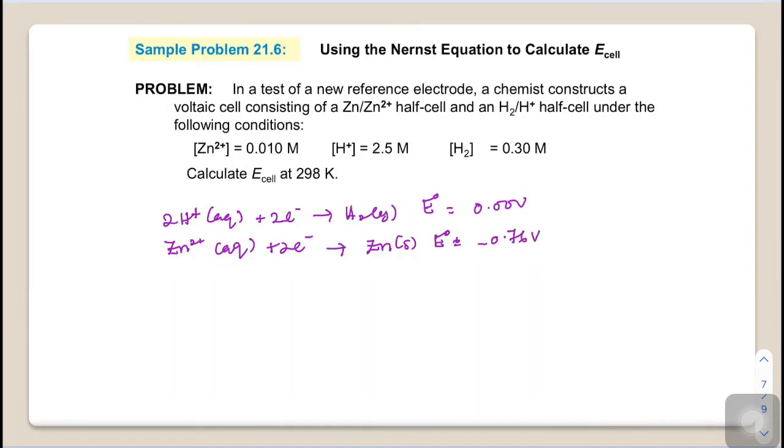Now we have to predict which one will be at the anode and which one will be at the cathode by looking at the E naught value. The more positive or the less negative the value, the more readily the reduction occurs. The more negative the value, the more readily the oxidation occurs.